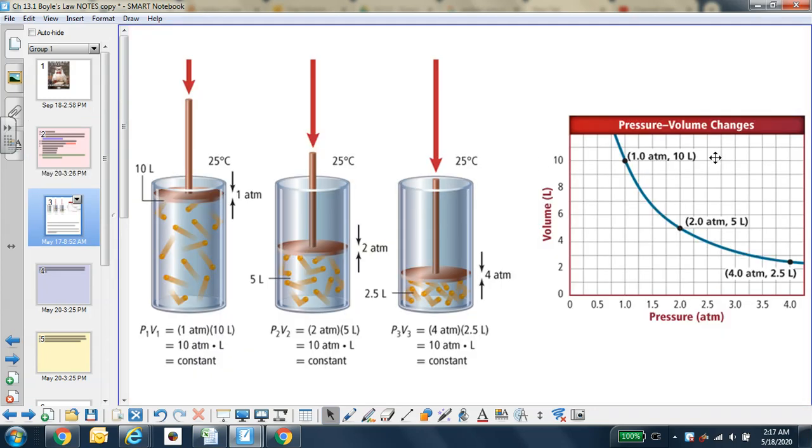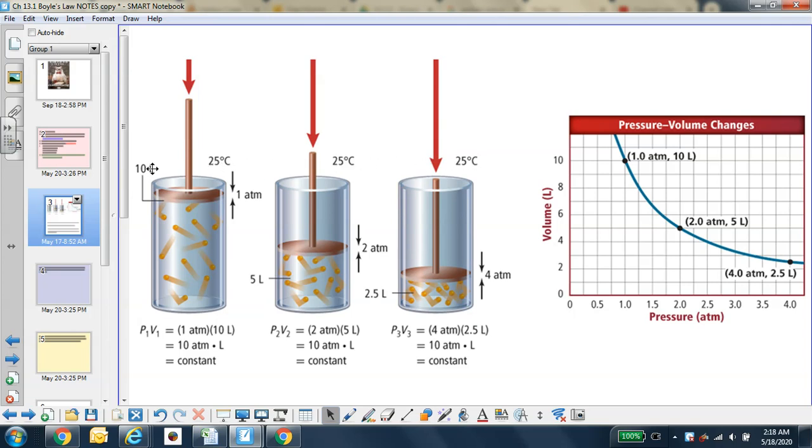So this picture here comes right out of your textbook. We have three scenarios. Each is a cylinder that has a piston on top and a certain amount of gas inside of the cylinder. Here we have atmospheric pressure just pushing down on the piston, and atmospheric pressure is 1 atmosphere. And the temperature in each of these is 25 Celsius.